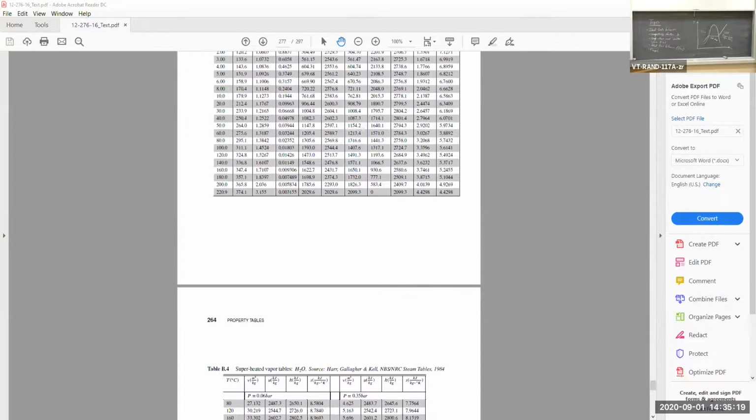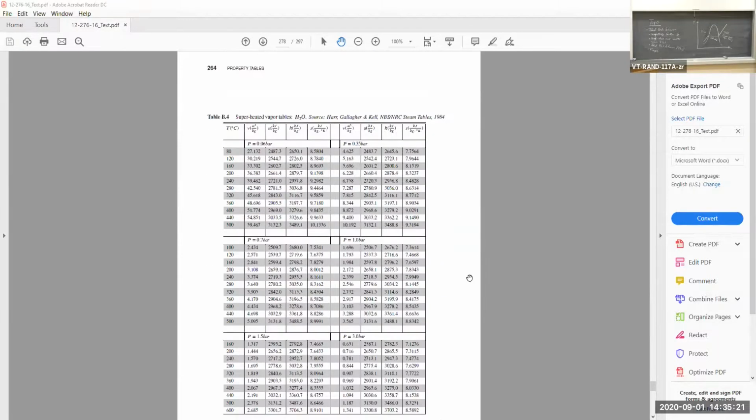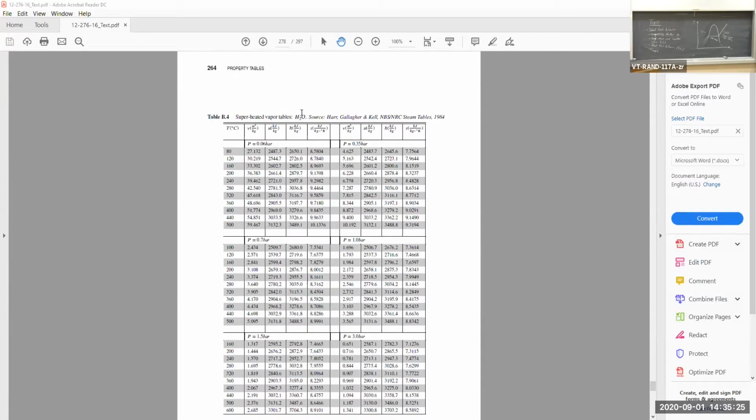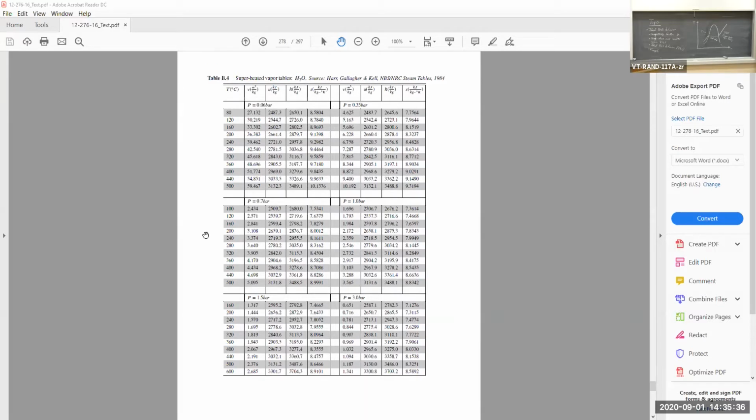So this is a superheated vapor table for H2O: pressure, temperature, specific volume, internal energy, enthalpy, entropy. If you give me a pressure and a temperature, I can presumably go to a superheated vapor table out of the notes or the textbook and extract the various properties.